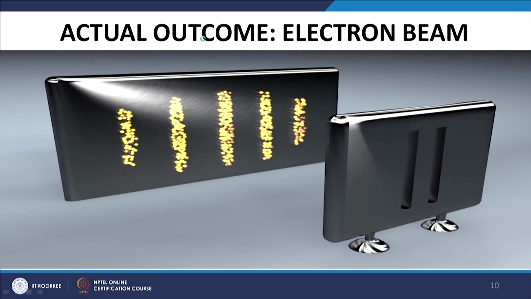What actually happened in the experiment was radically different. When the electrons were shot into this screen and they moved out of the slits, instead of getting two well defined bands corresponding to each of the two slits, one corresponding to the left hand side slit and the other corresponding to the right hand side, a set of bands of different intensities were observed on the detector screen.